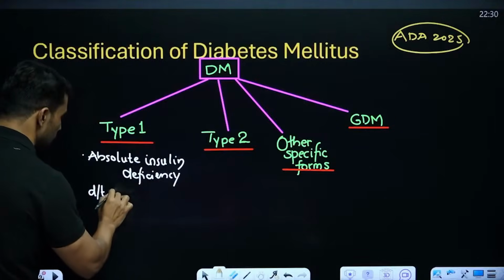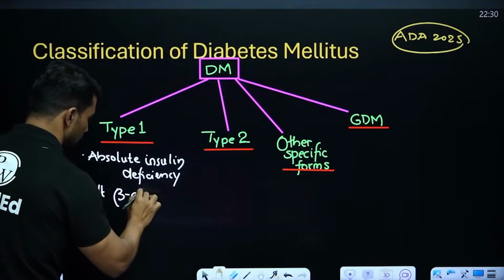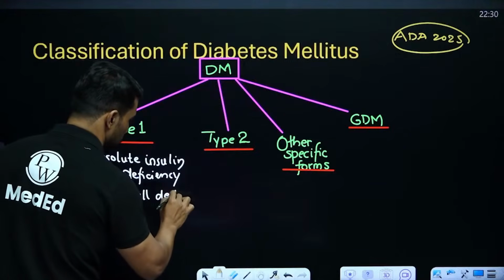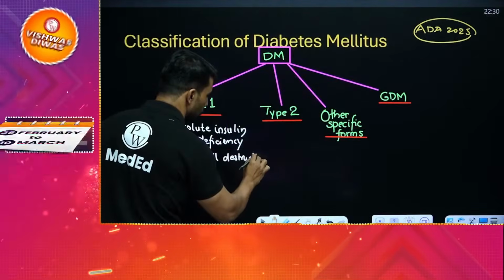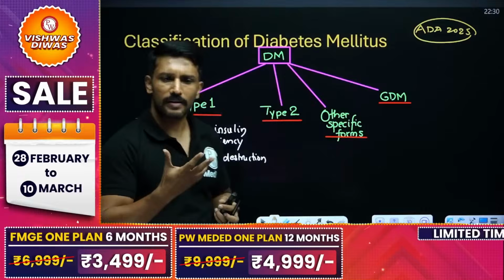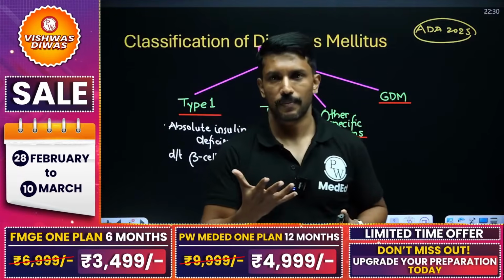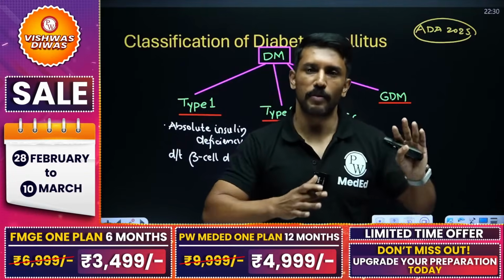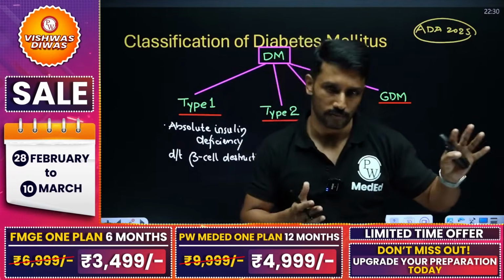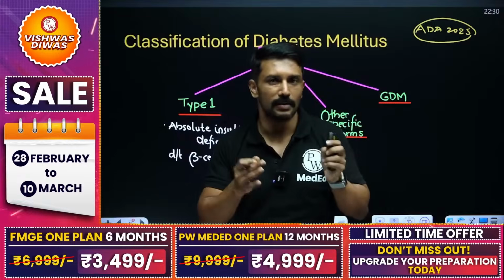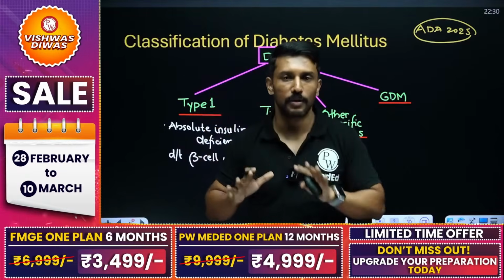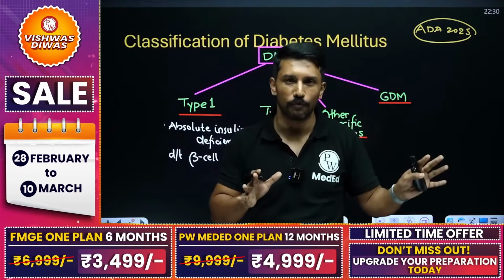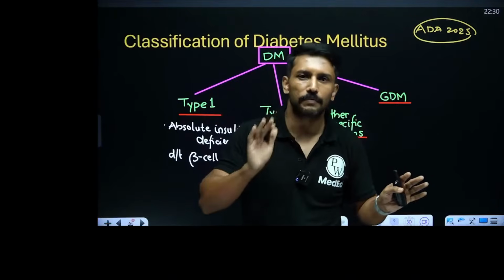The reason is beta cell destruction. So beta cells are destroyed, and that's why your pancreas is not able to produce insulin. But the rest of the mechanism is fine: insulin, if given, will be able to create glycogenesis as well as adipogenesis, and it can decrease the blood glucose level. The rest of the mechanism is all fine, but production itself is reduced.